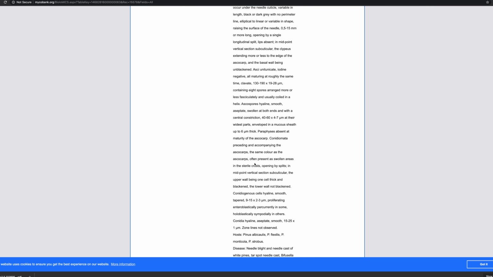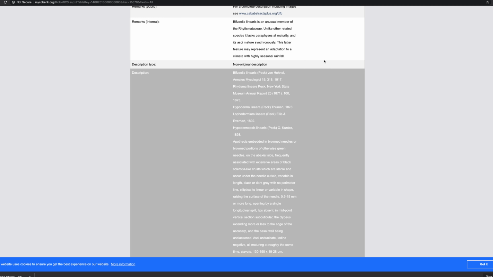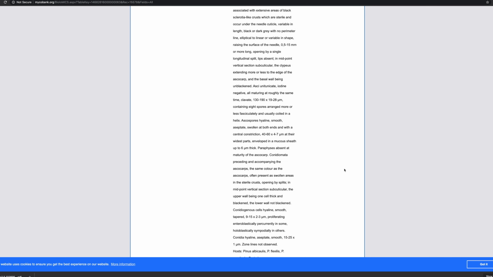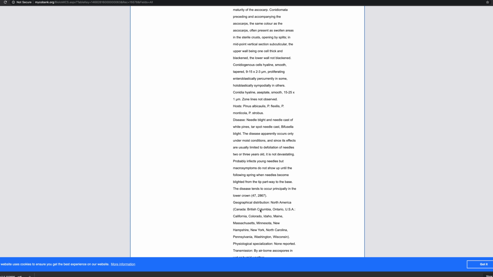Here we have some clues right here telling us this forms ascospores, and ascospores are the spores that members of the phylum Ascomycota form. So if you find these ascospores, it means that it belongs to Ascomycota phylum. If it belongs to Basidiomycota, the spores are going to be called basidiospores.